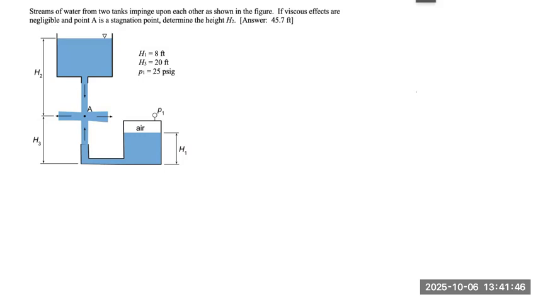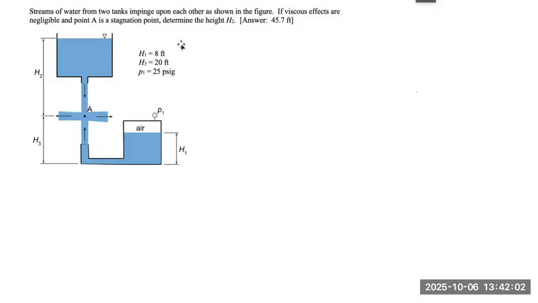So first we're going to apply Bernoulli's equation from point 1 to point A to solve for PA, the pressure at A. And then we're going to apply Bernoulli's equation from point 2 to point A to solve for H2.